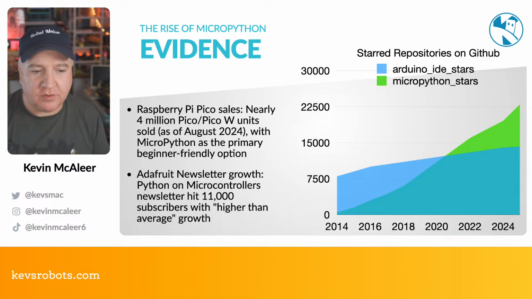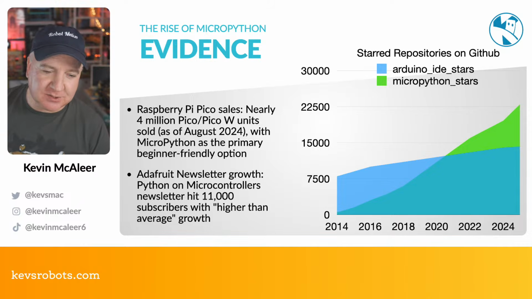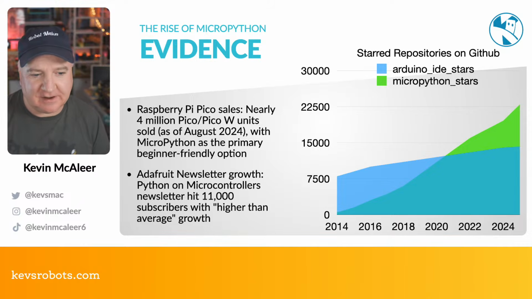All the Picos can run MicroPython, of course. The newsletter they have, Python on Microcontrollers, has hit over 11,000 subscribers with a higher than average growth rate, so they're really performing well there.